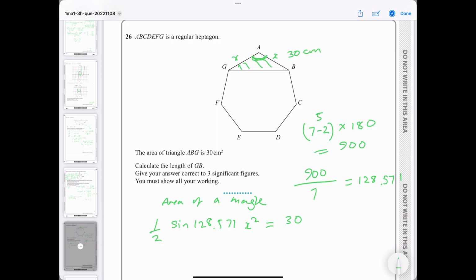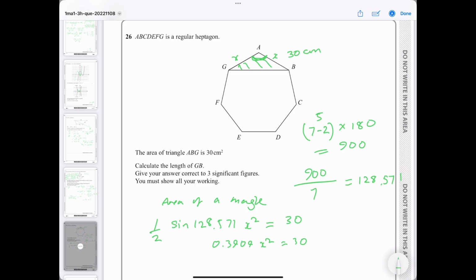So let's try this. Sine answer equals, divided by 2, so that's 0.3909x squared equals 30, and then we'll do 30 divided by, I'm still quite thrown by how bad this number is, but anything divided by 7 is a disaster if you think about it.